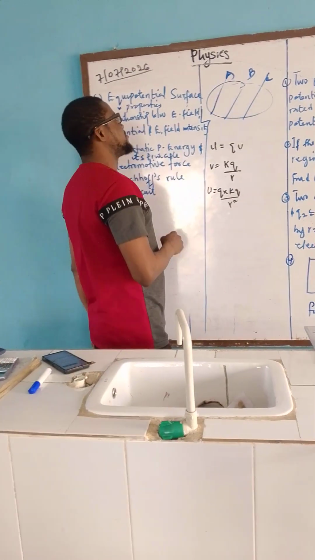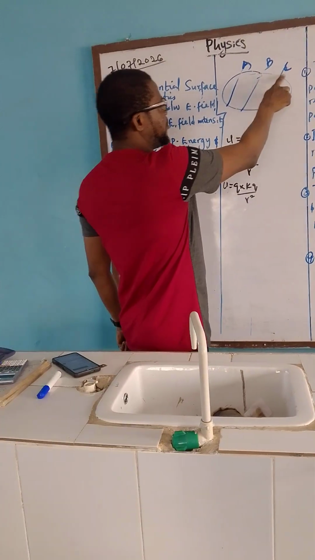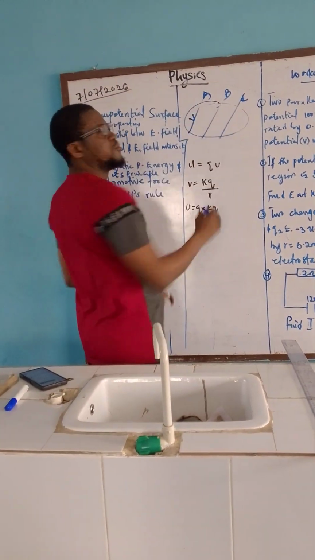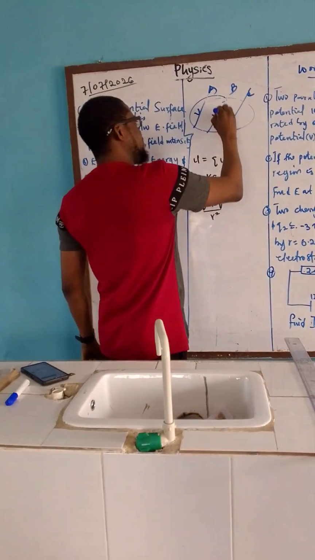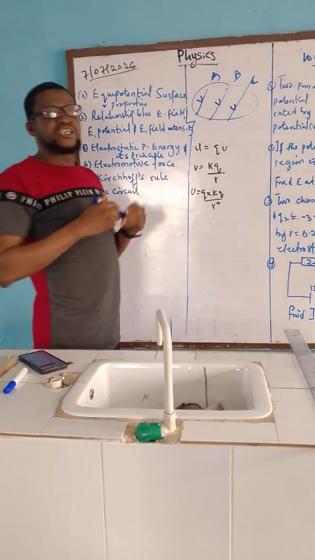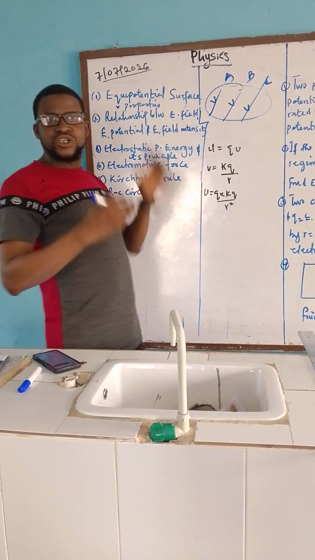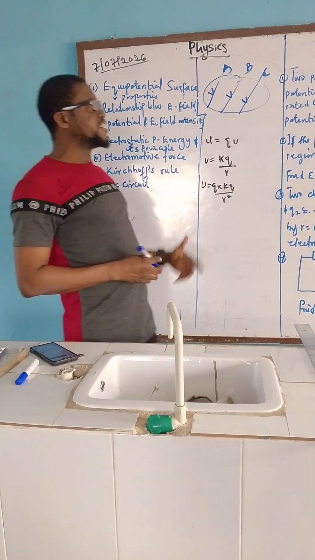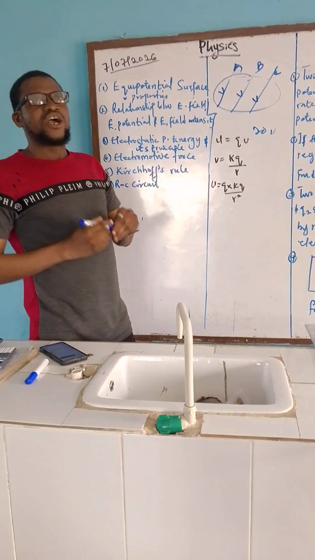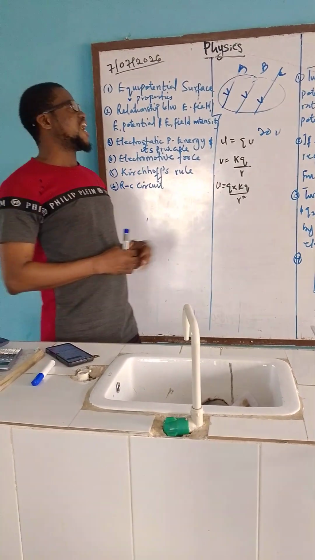So go back to the diagram again. Point A, point B, point C. So electric potential V here must be equal to electric potential V here must be equal to electric potential V here. Which means if you are told that electric potential at point A is 20 volts, and the question asks what is the electric potential at point B?